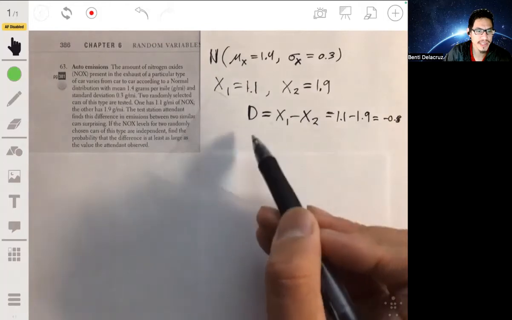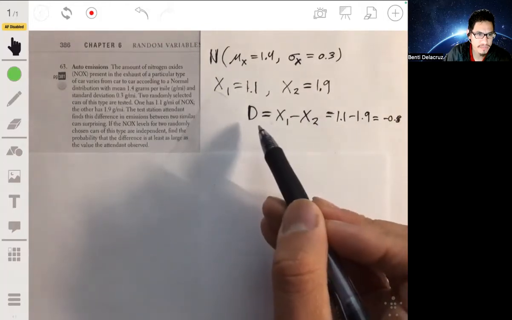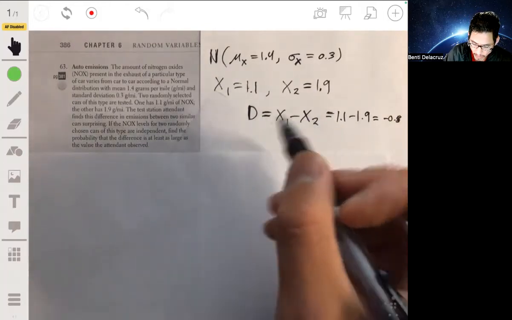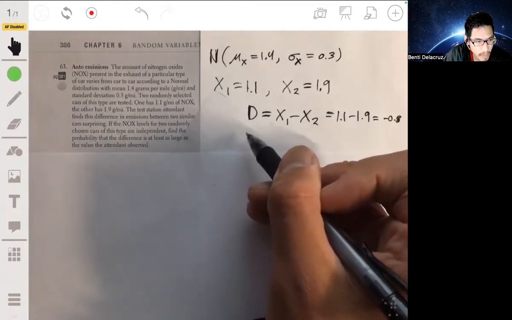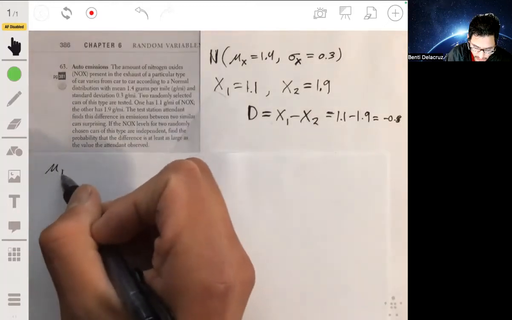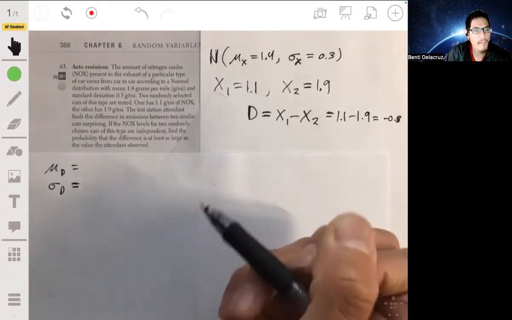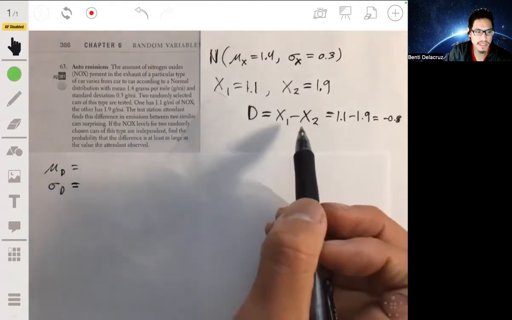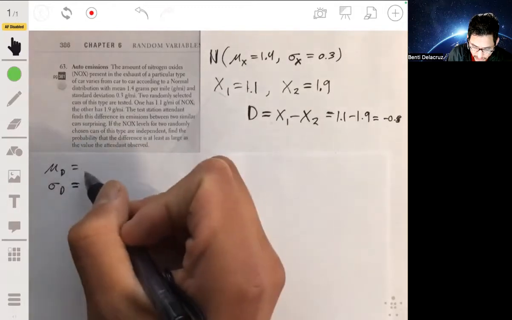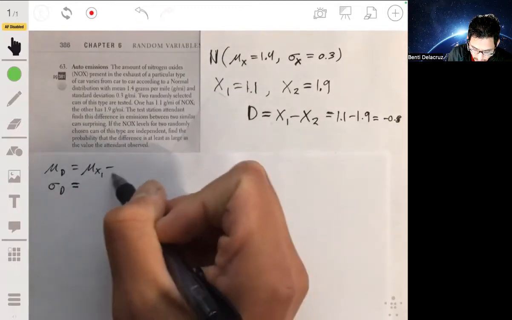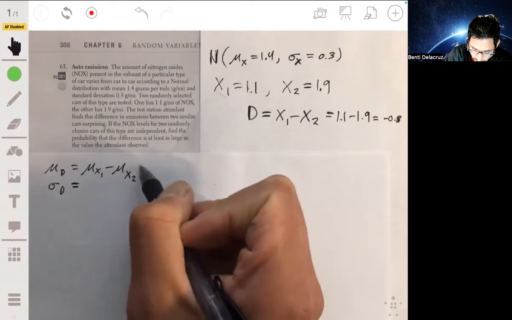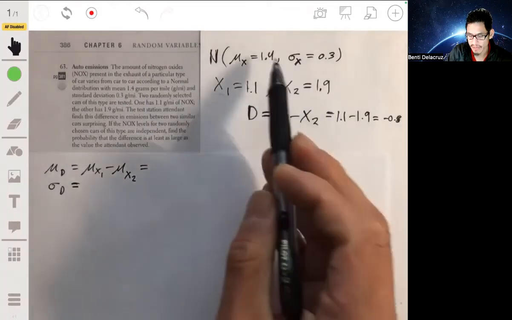But we have to see what the distribution of D is. So we want to find the mean of D and the standard deviation of D. Now, if D is equal to X1 minus X2, the mean of D will just be the mean of X1 minus the mean of X2. X1 and X2 have the same distribution.